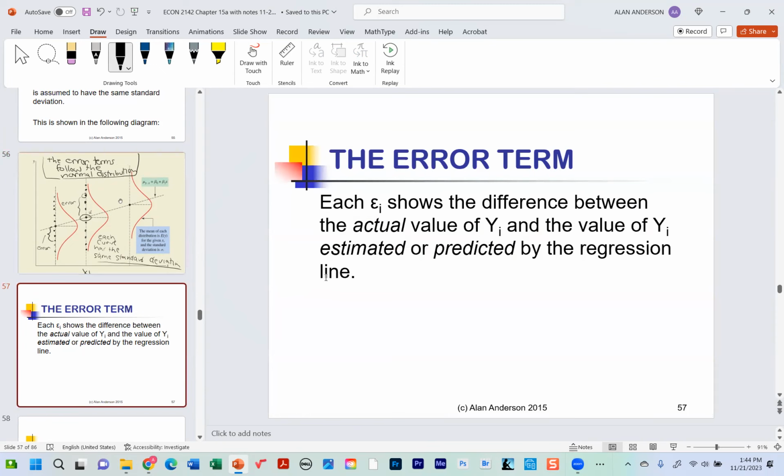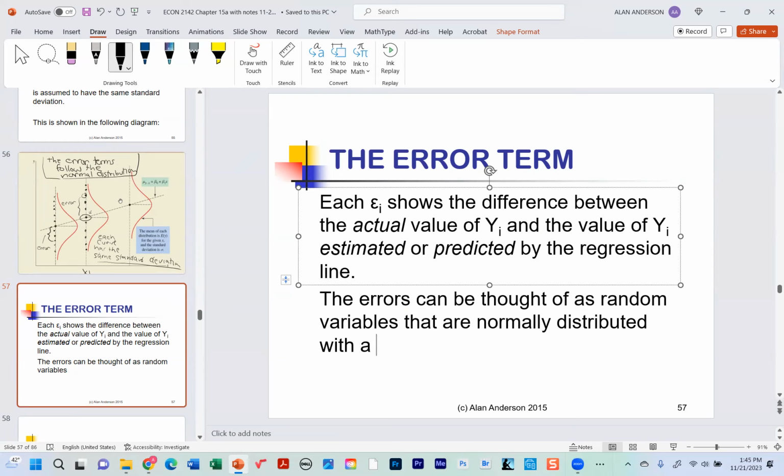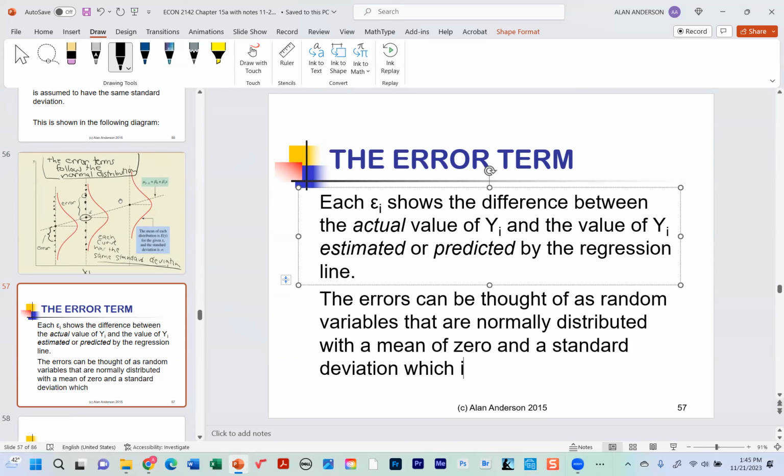So the errors themselves can be thought of as random variables that are normally distributed with a mean of zero and a standard deviation, well, the standard deviation we don't know, not the data, but which is equal or the same for all error terms.